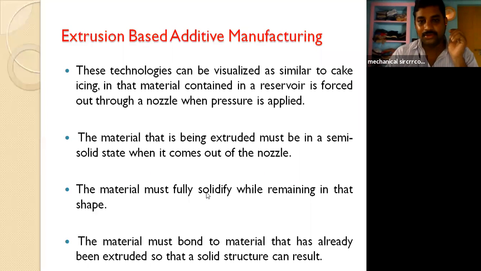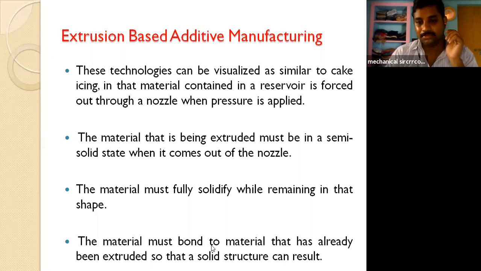So we have to leave the material until we get the exact solid shape. And finally the material must bond to the material already extruded, so that the solid structure can result. That means we bond to the previous layer which is already formed. The new layer comes and bonds together with the previous layer.